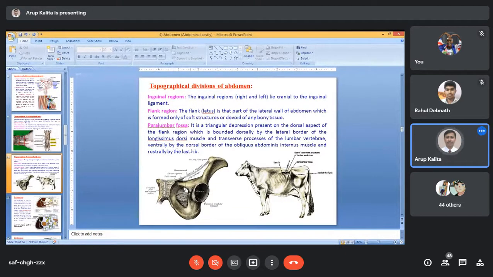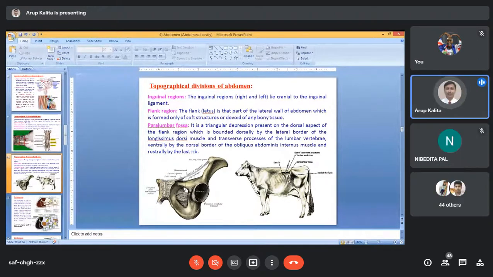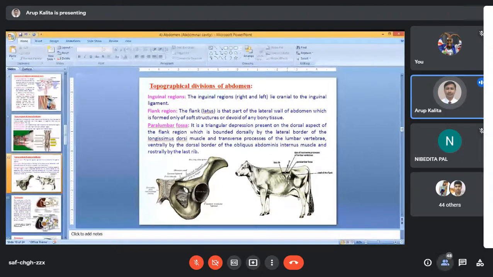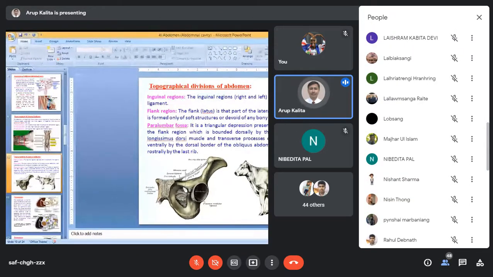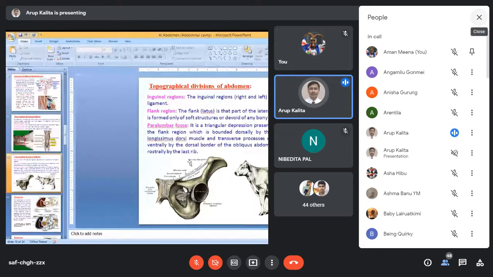Ventrally by the dorsal border of the obliquus abdominis internus muscle. Have you seen this fold of muscle here? This fold of muscle is the obliquus abdominis internus muscle. And cranially you will get the last rib. This is the last rib.